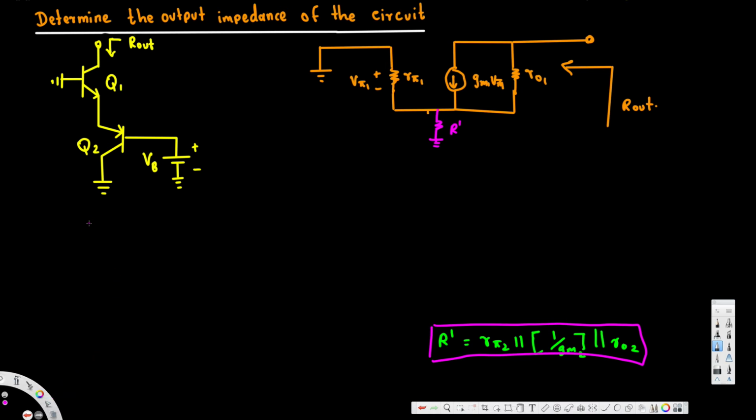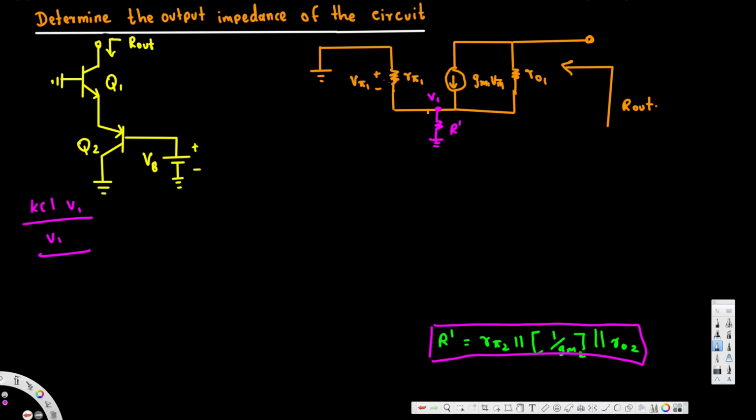Now KCL at node, let's call this node V1. So KCL at node V1. If we apply KCL, we have Rπ1 right here and also R prime right here.